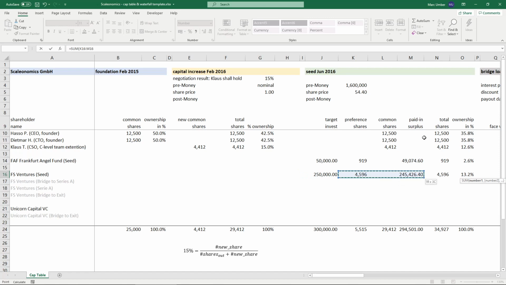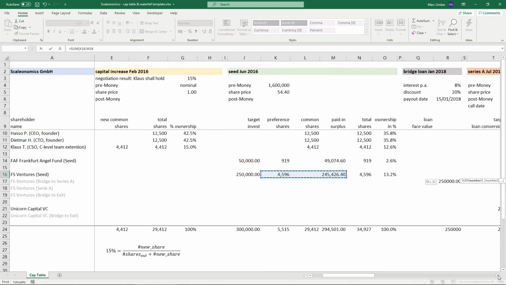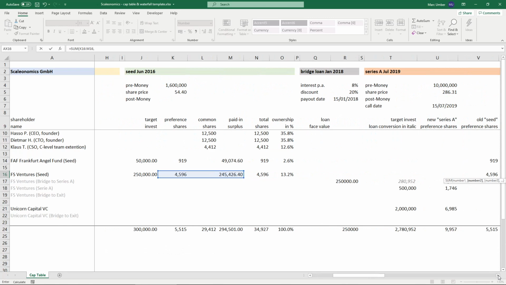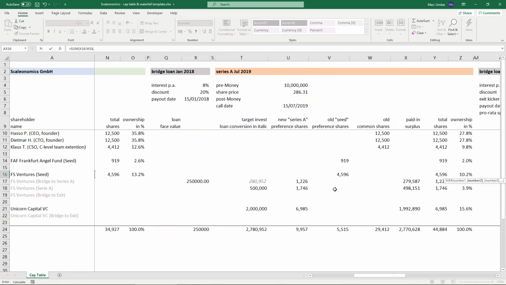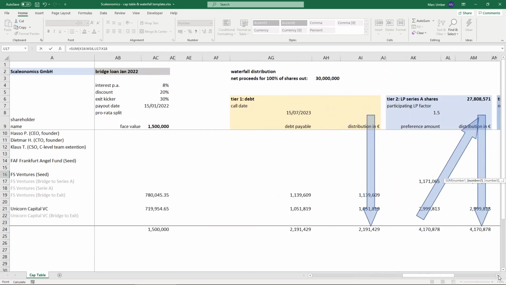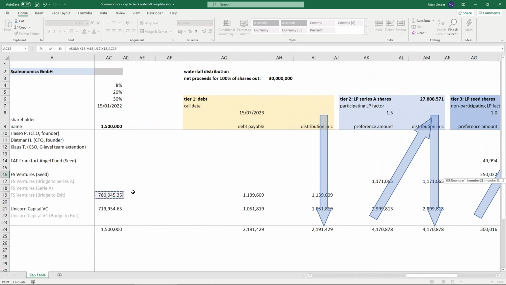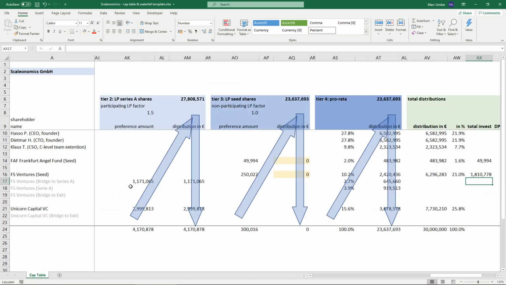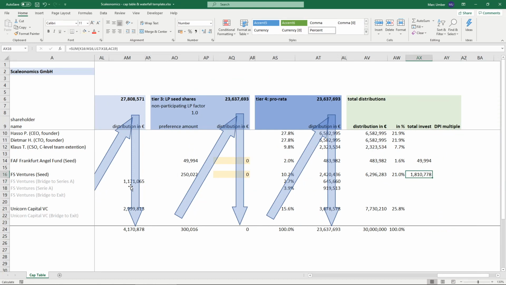It started with the seed round, 250. It did invest another 280 in loan conversion, another 500,000 fresh money in the Series A, and another 780,000 euros in the bridge to the exit. In total, this is 1.8 million investment by Frankfurt School.